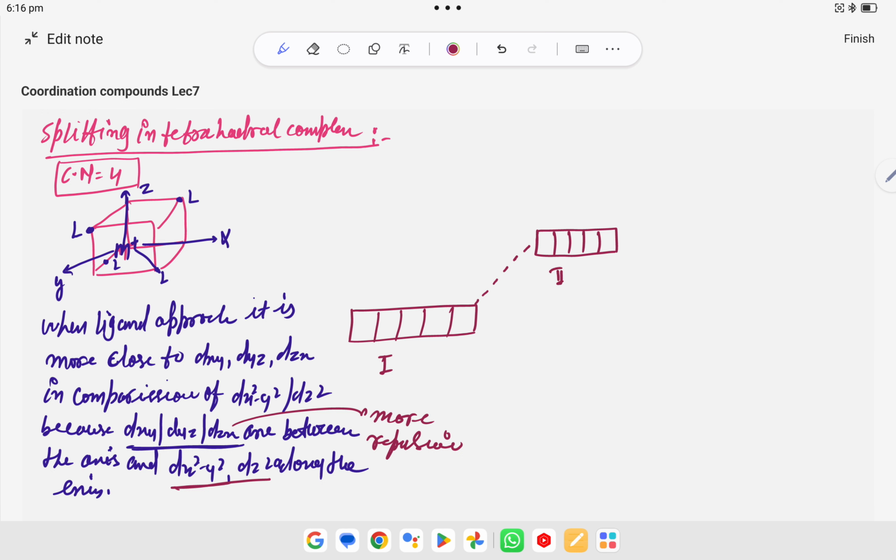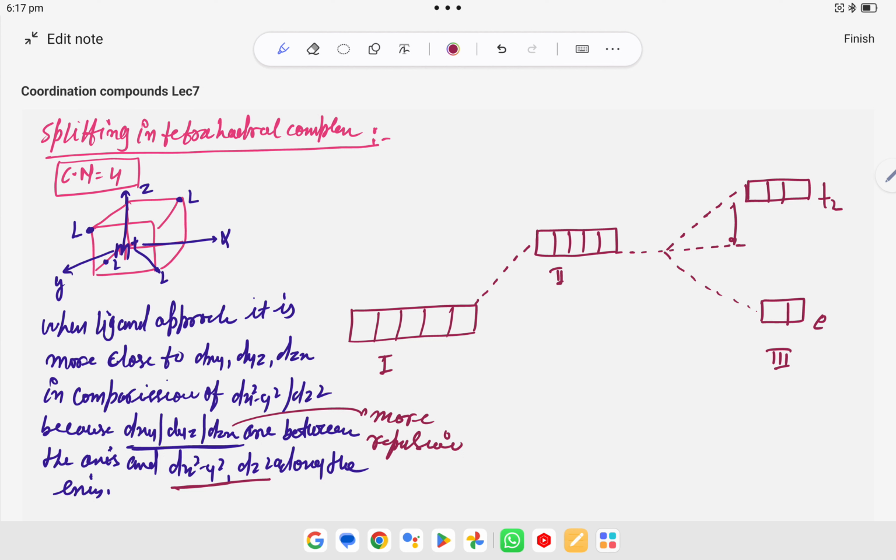With ligand state 2. Now dxy, dyz getting more repulsion, so these three orbitals are now at a higher energy level, and these two are at a lower energy level. This is state 3. It's called T2. It's called E.